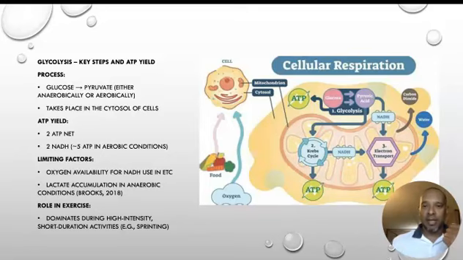However, if there isn't enough oxygen, the NADH cannot be fully used in the ETC, and we may experience a buildup of lactate. This process is particularly important during high-intensity, short-duration activities like sprinting, where fast-twitch muscle fibers rely heavily on glycolysis for quick energy. Studies do show that glycolysis plays a dominant role in these activities.